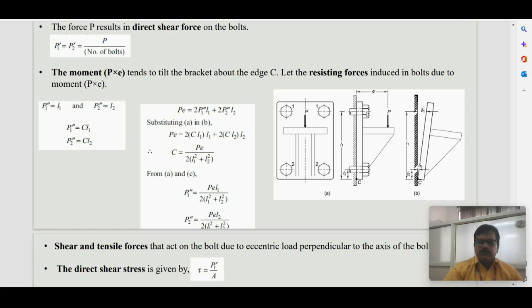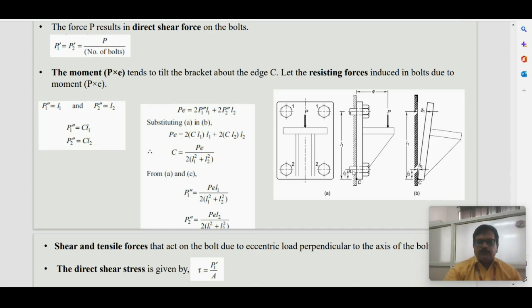Here you can see in the first row there are two bolts, and in the second row you have two bolts. And when load is applied here eccentrically with respect to the bolt system, the plate which is fastened to the main plate with the help of bolts will be tilting in this manner. The tilting will take place about an edge starting from C. So correspondingly you can see in the other view, this is the tilting edge. With respect to the tilting edge, the center of the second row is designated as L2 and the center of the first row is L1.